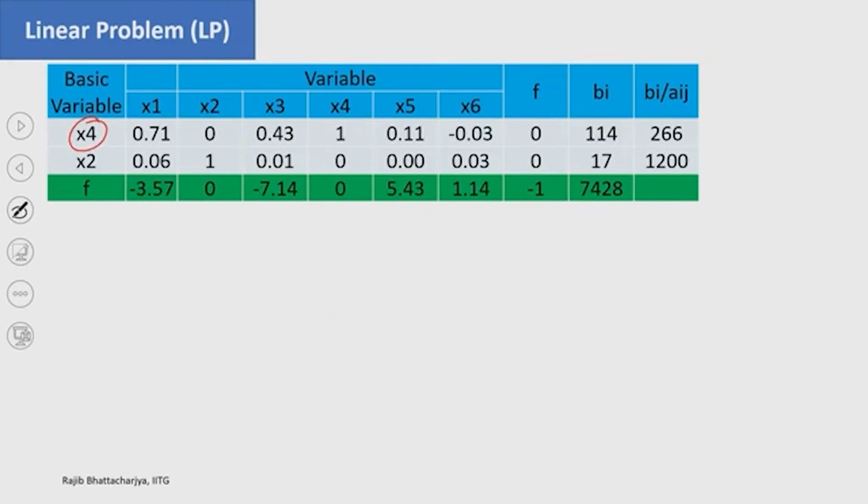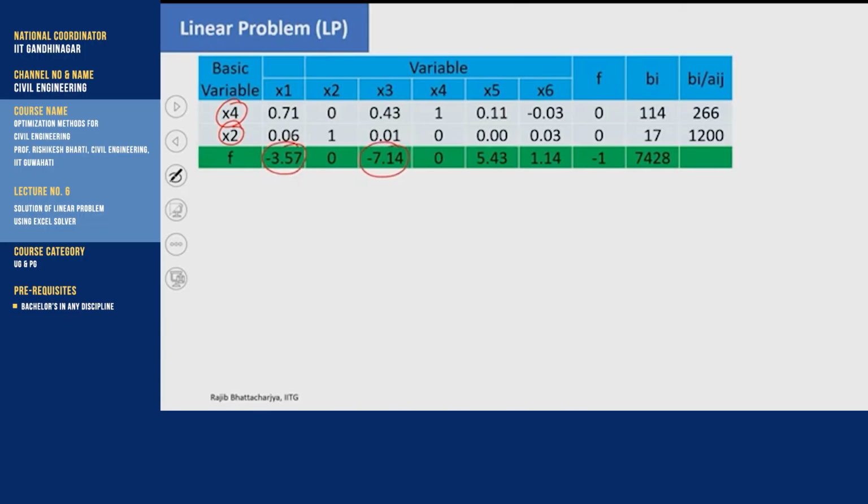So, now x 4 is entering into the basis and x 2 is already there. Now, is there any negative coefficient in the objective function row? Yes. So, we have minus 3.57 and this is minus 7.14. So, we can still reduce the objective function value.